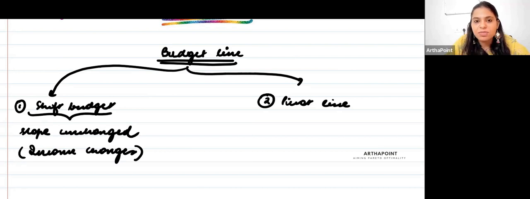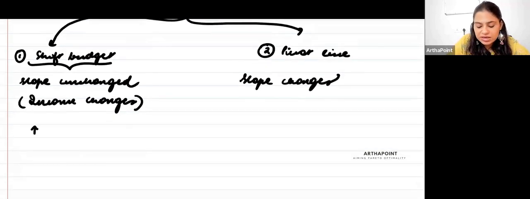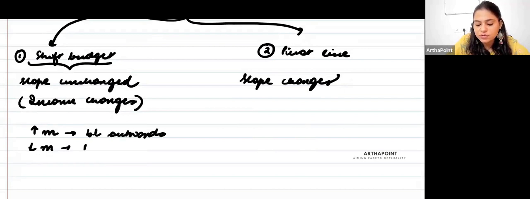And pivot of budget line takes place when slope changes. So whenever there will be increase in income of the consumer, it will shift budget line outwards. Decrease of income will shift budget line inwards.